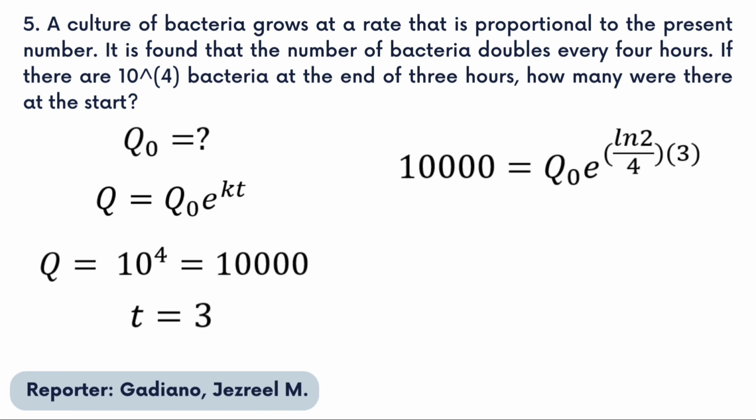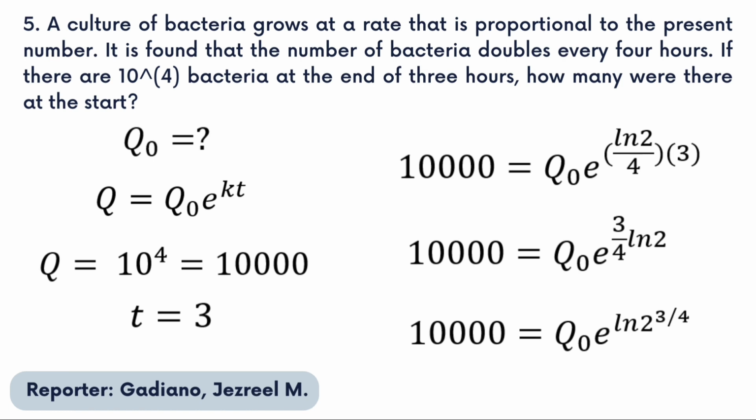ln2 over 4 is the same as 1/4 ln2. And we can multiply 1/4 and 3, so magiging 3 over 4. Using the exponent property ng logarithms, yung 3/4 pwedeng iakyat at magiging exponent ni 2. So magiging E raised to ln of 2 raised to 3/4.